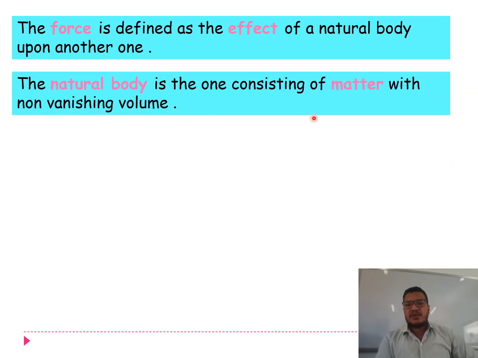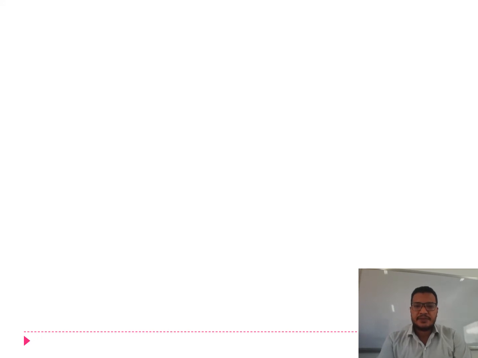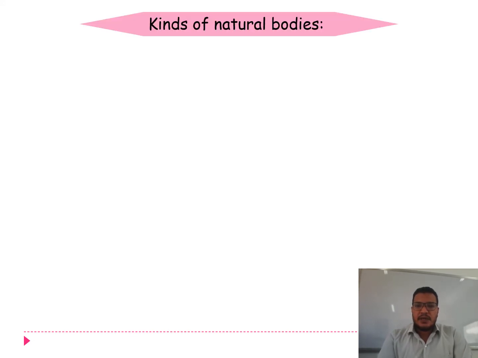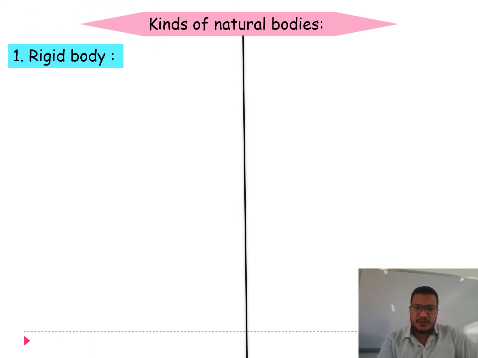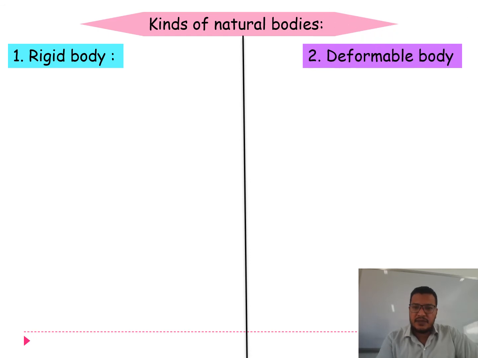So the force is defined as the effect of a natural body upon another one. The natural body is one consisting of matter with non-vanishing volume. We have two kinds of natural body. The first one is the rigid body, and the second one is the deformable body.